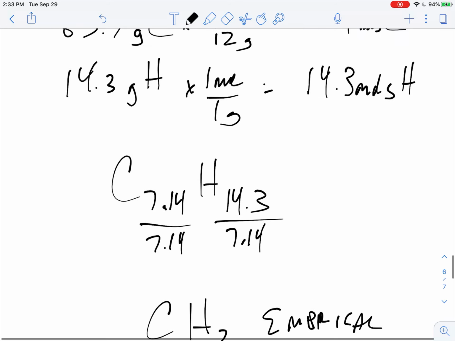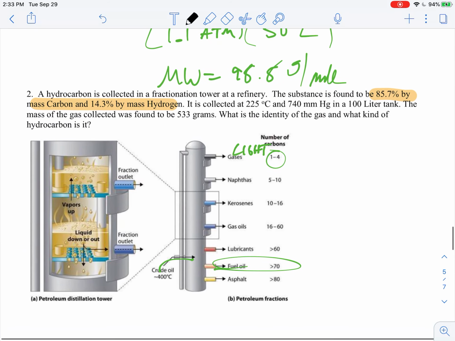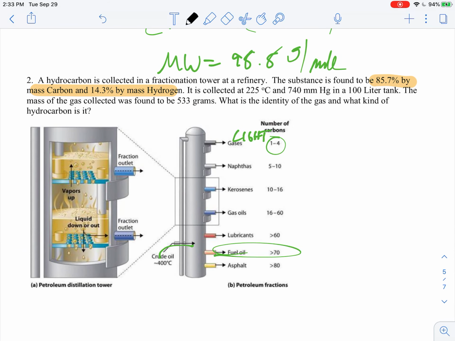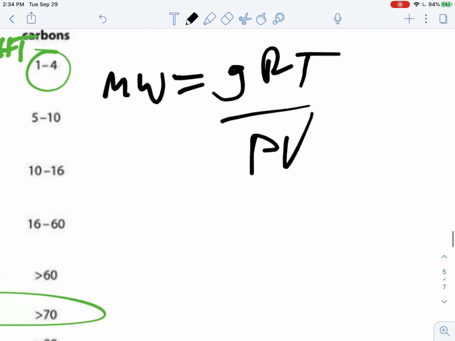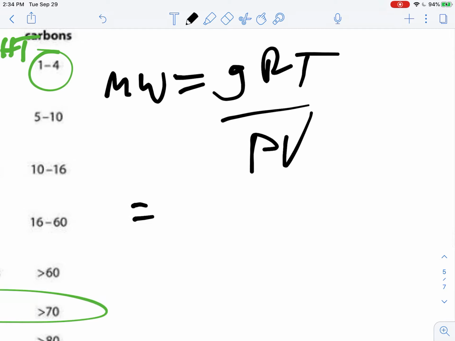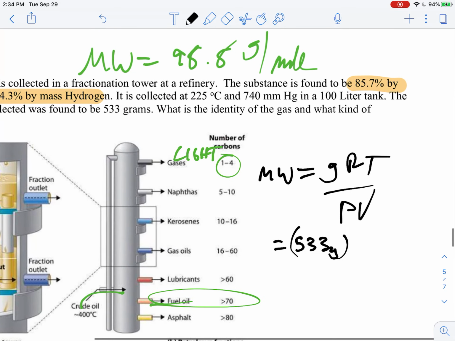All right? So what am I going to do? Well, I'm going to take the rest of the information and solve for the molar weight. So the molecular weight is equal to GRT over PV. So let's go ahead and do that. Let's see the grams. It said it was 533 grams. R, let's see.